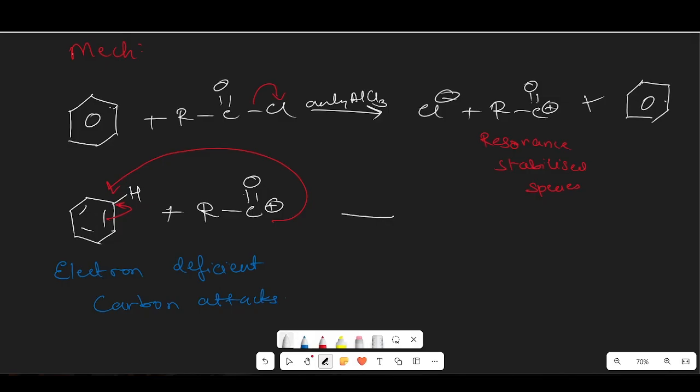We will be formed with the arenium ion. And of course, there's a vacancy here. This arenium ion will last for a little bit more because it's much more resonance stabilized, but not as much as we expect it to be.